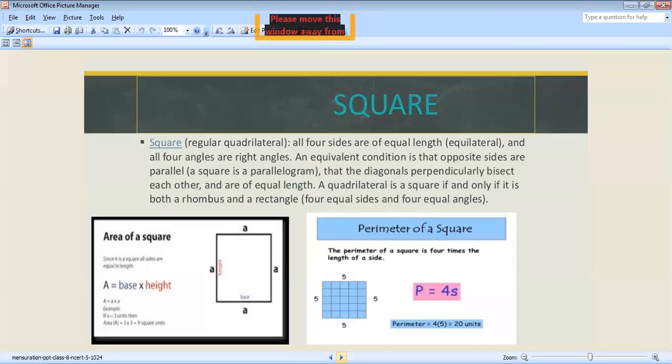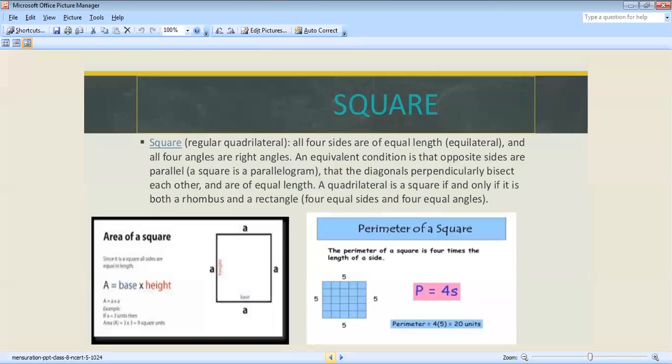That is, a square is a parallelogram, and the diagonals perpendicularly bisect each other and are of equal length. A quadrilateral is a square if and only if it is both a rhombus and a rectangle, that is, four equal sides and four equal angles.